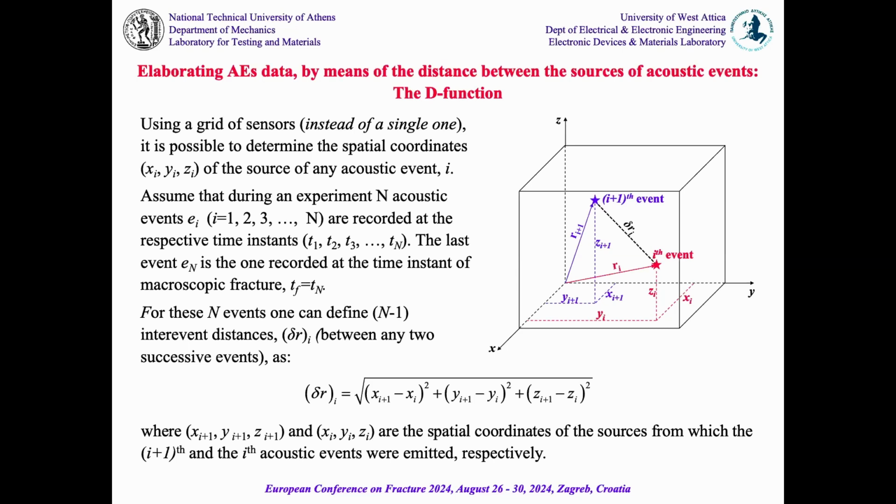the signals very difficult. So if we have n acoustic events, then we can define n-1 inter-event distances between 2 successive events by this very simple function. With the aid of the sensors, we locate the position of each source, and then we can define the distance, the Euclidean distance between the 2 successive events.